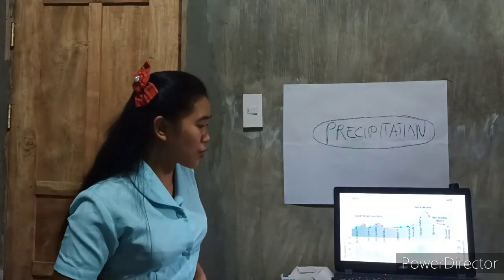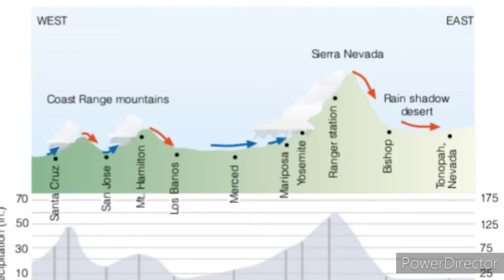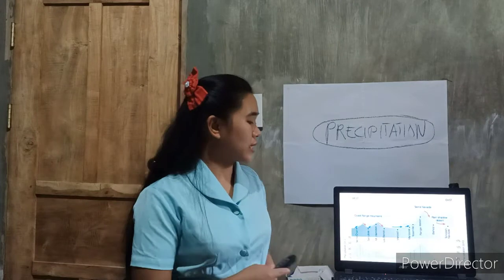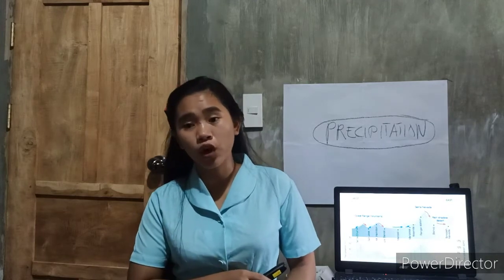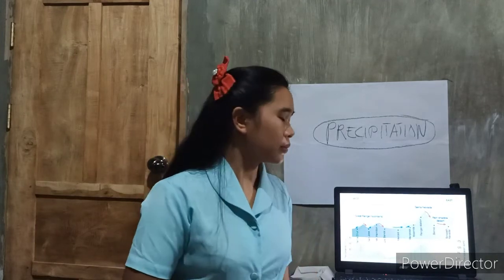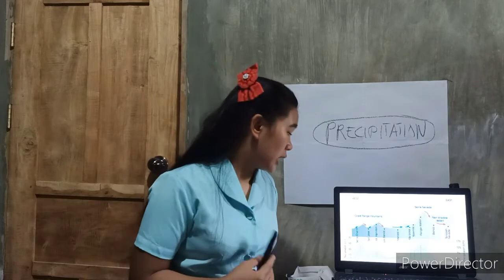We have here a much clearer classic example of how topography produces rain shadow. So what is rain shadow again? This is the leeward side of the mountains, which is literally dry.